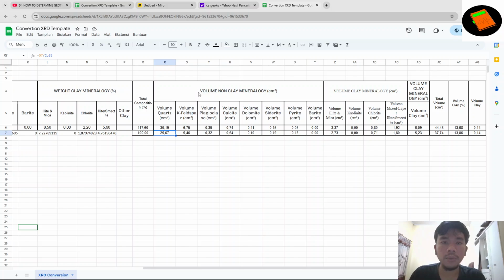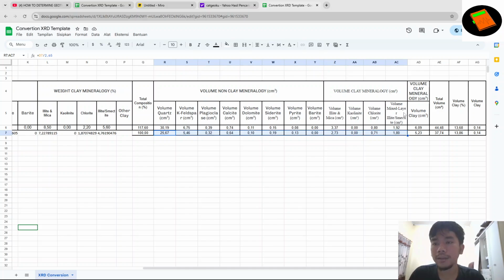The formula we use to transform mass to volume is to divide the mass of each mineral by its density. For this example, quartz has density 2.65, so we divide our mass that we transformed before by 2.65. We do it for each of our minerals, so we will have numbers like this.